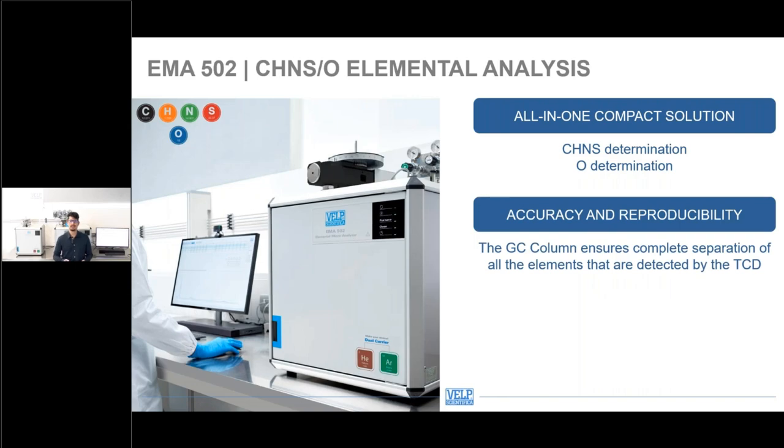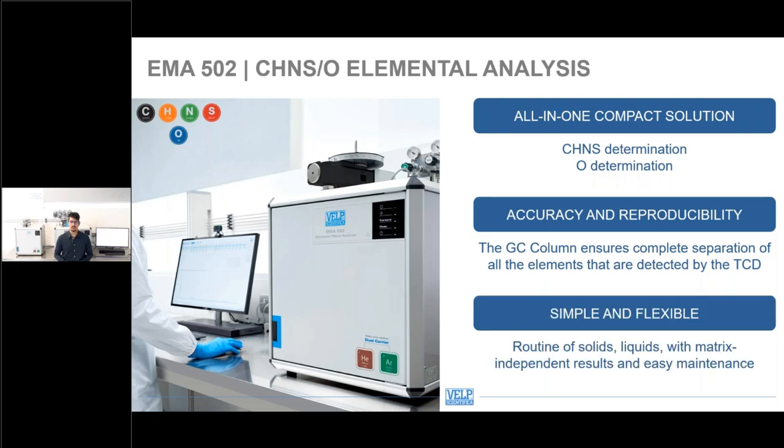Then, thanks to the gas chromatography column, it ensures a homogeneous and modular temperature, leading to a complete separation of all the elements for the final detection by the TCD detector, granting accurate and reproducible results.